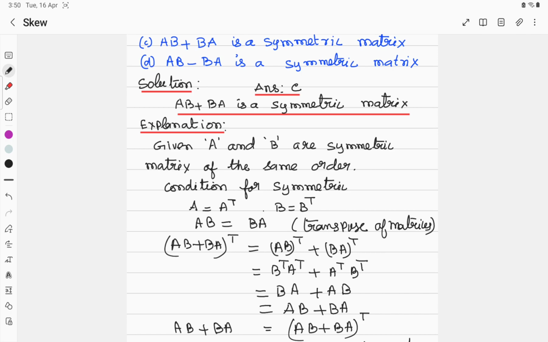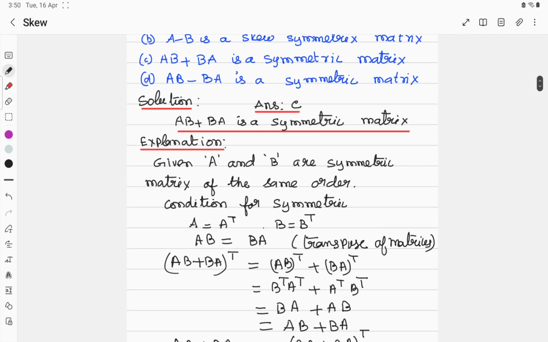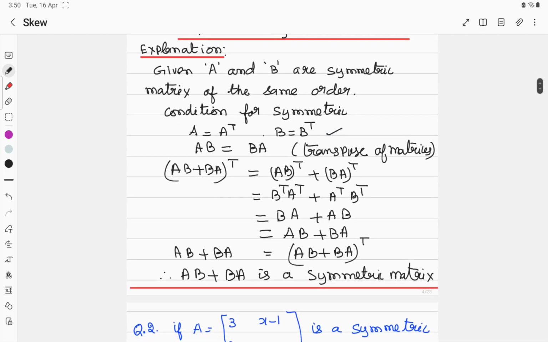See the explanation. என்ன கொடுத்துருக்காங்க? A and B are symmetric matrices-ன்னு சொல்லியிருக்காங்க. Of the same order. Both are in same order. So, symmetric matrix-னா A is equal to A transpose, B is equal to B transpose இருக்கணும். இதுதான் symmetric matrix-ஓட condition.